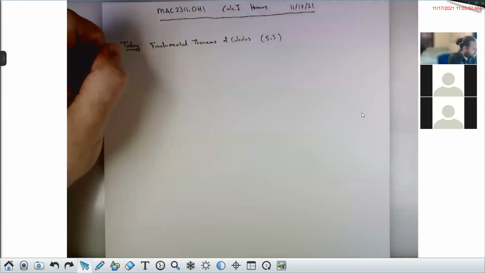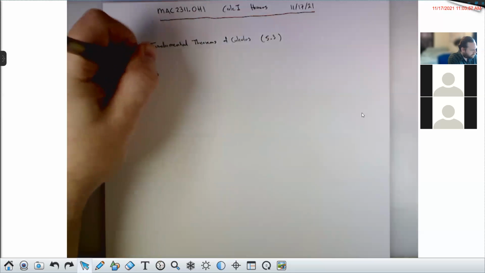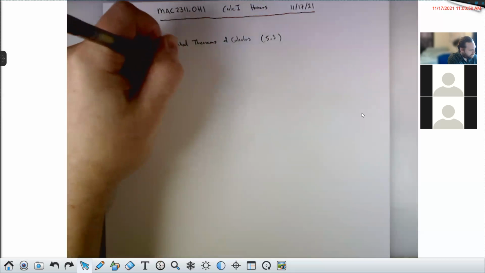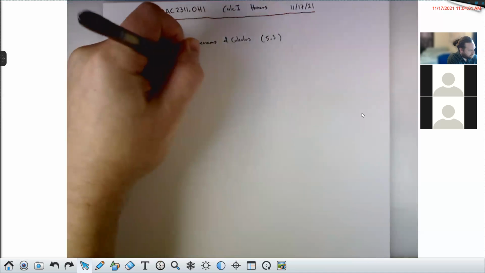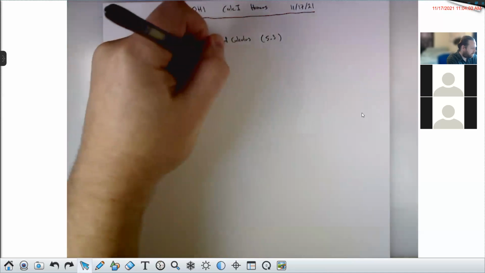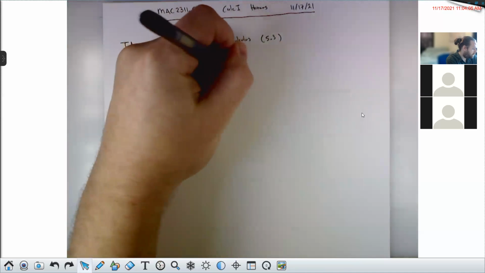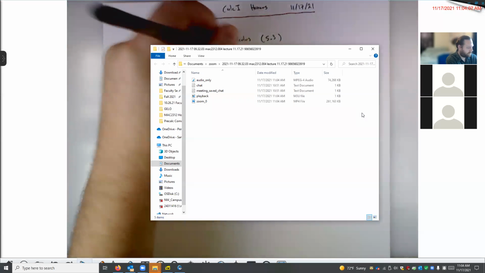So the main object of study today is the integral from a up to x.